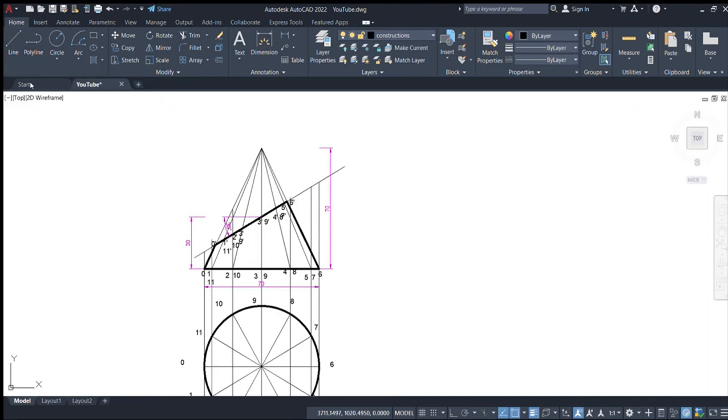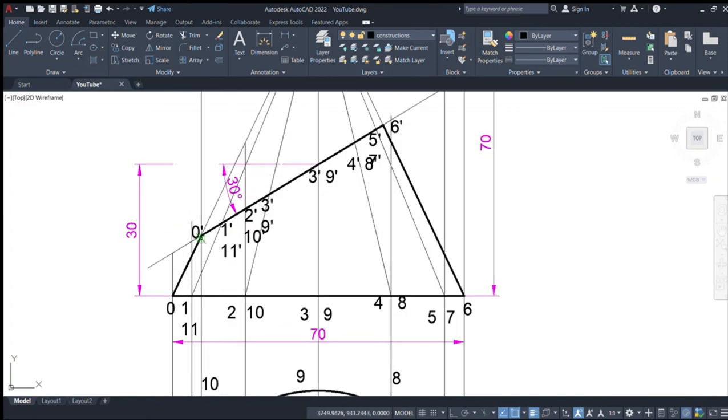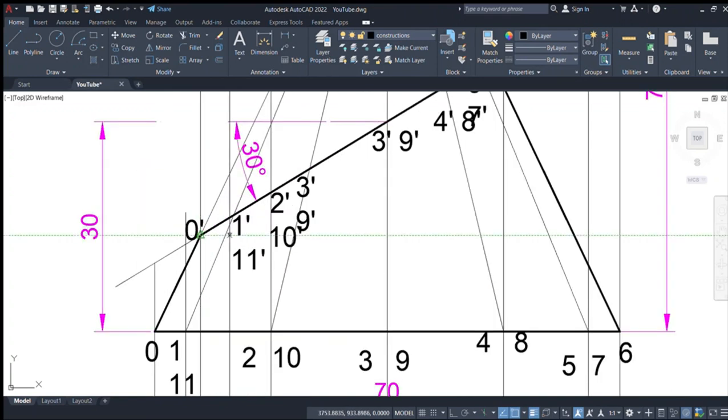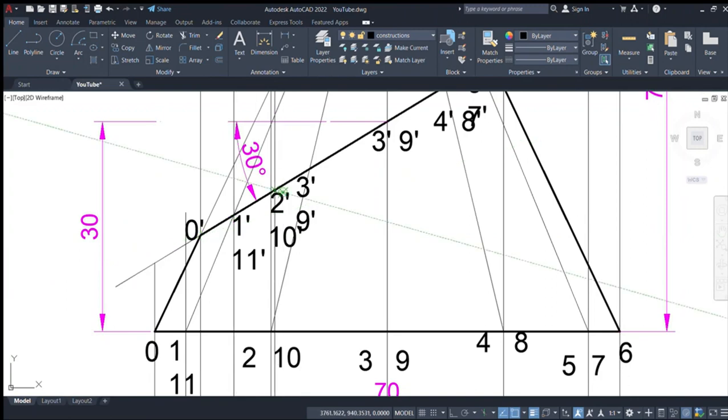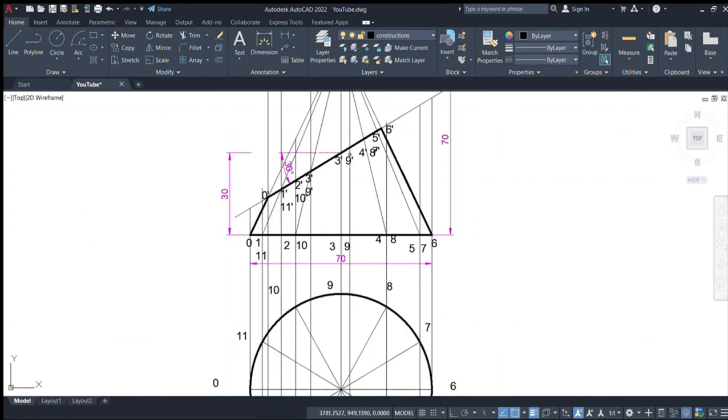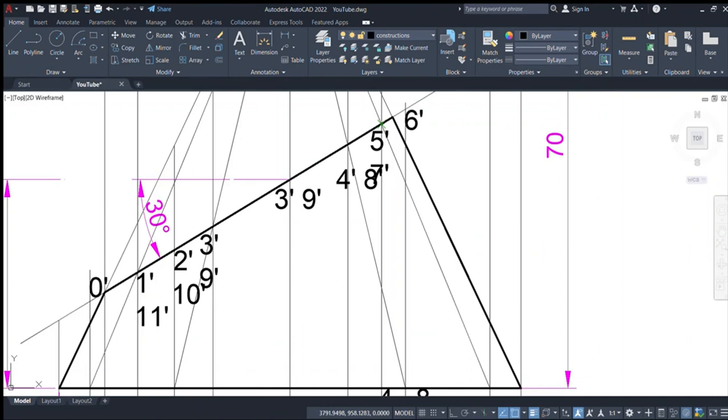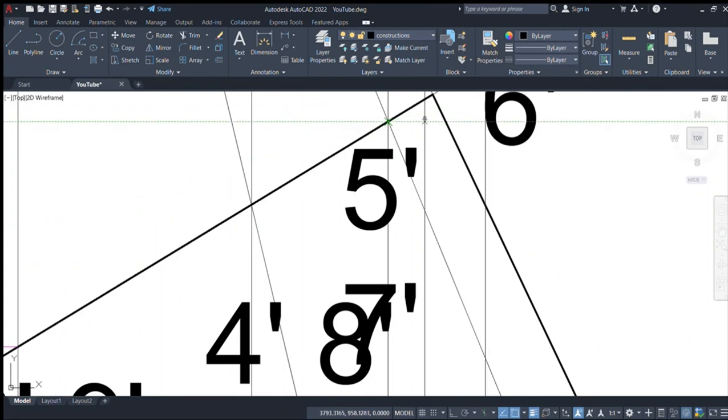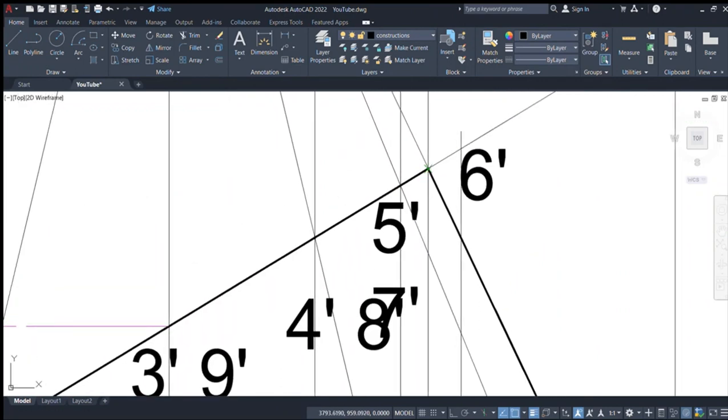So let's draw perpendicular projectors. From point 0, we drop it from there, from point 1, from point 2, the cutting plane for point 2 is that, point 3 is okay, point 4, point 5, point 6.